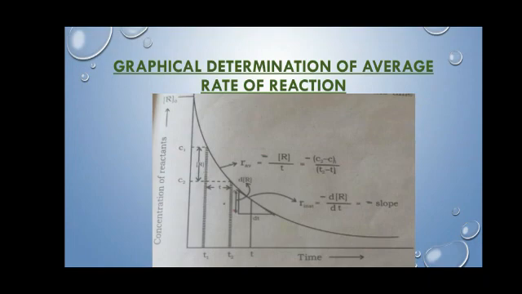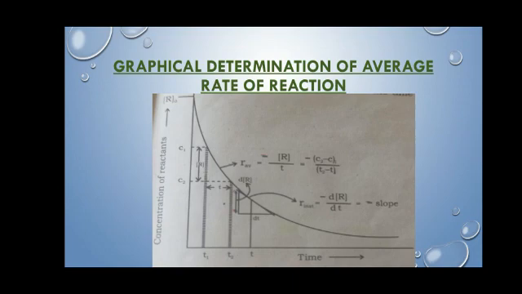Now this is the graphical determination of average rate of reaction, where again concentration is taken on the y-axis and time is considered on the x-axis. C1 and C2 are the initial and final concentration of reactant. T1 and T2 are the initial and final time when the concentration of reactant is analyzed.